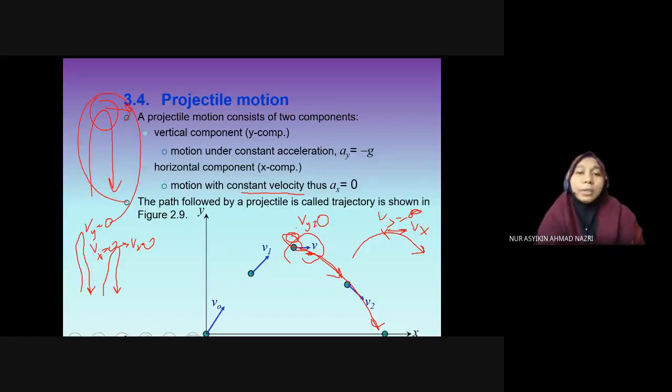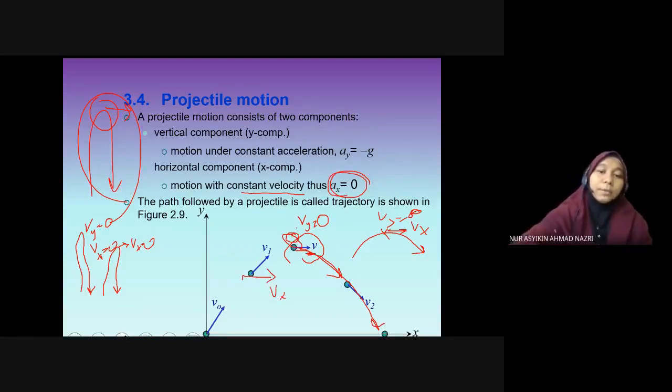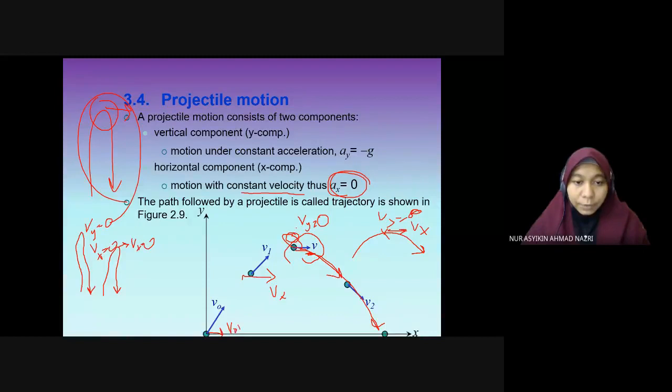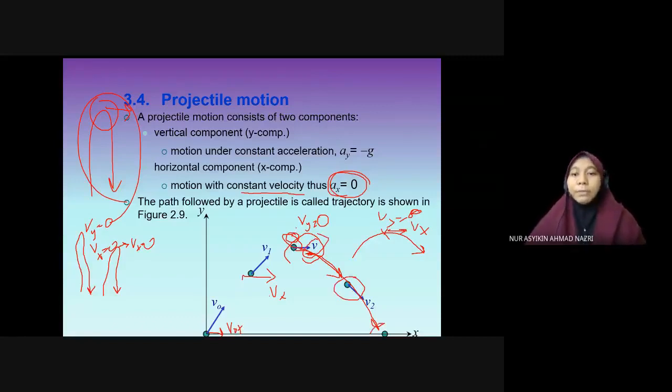So why does the acceleration equal 0? Because Vx will have the same value as the initial value. So V naught x here is the same as Vx at the top, the same as Vx here, and the same as Vx here. But since this motion involves two components, we need to consider both.